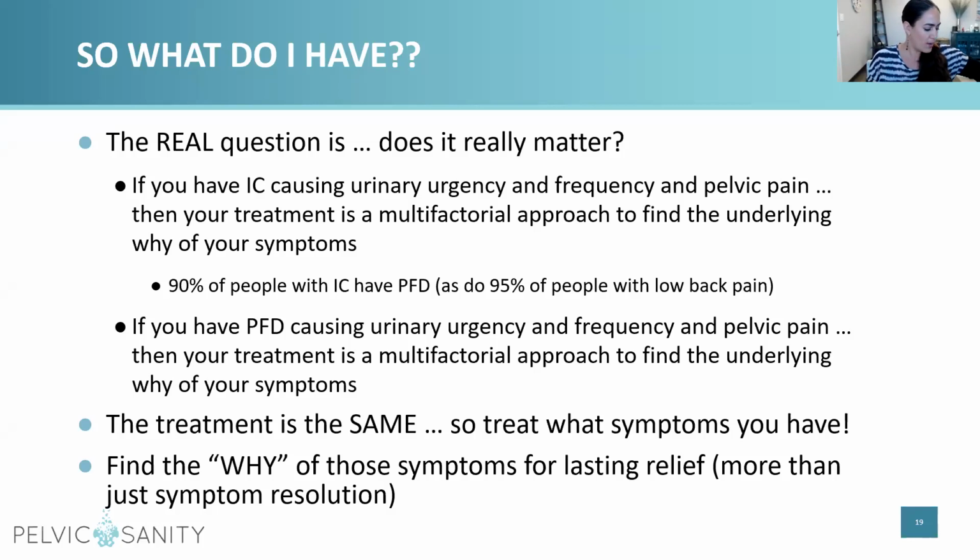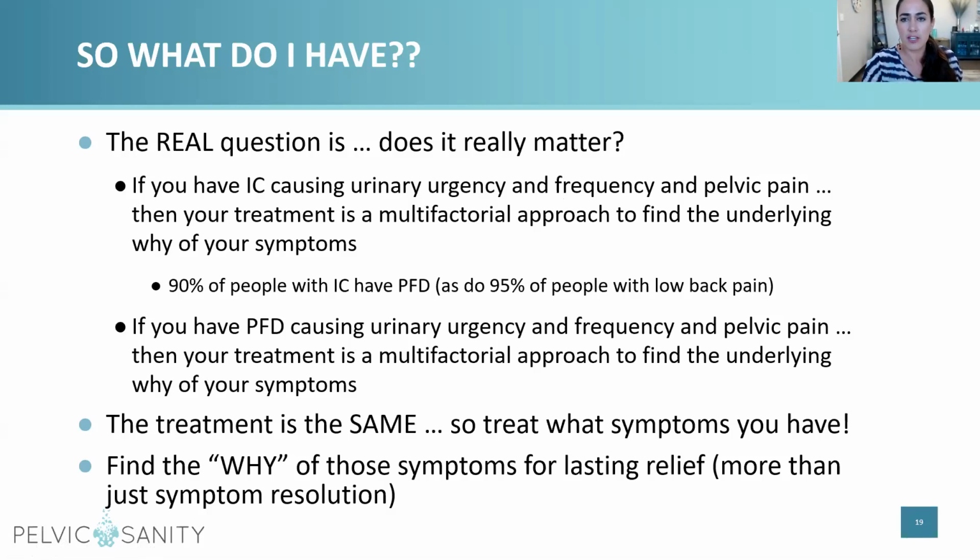And so what I'm going to ask you guys to also do now is to take a look at this contributing factors to my symptoms. So what we're going to end up doing is looking through here, and really what we want to be doing is finding the why of your pelvic floor dysfunction.